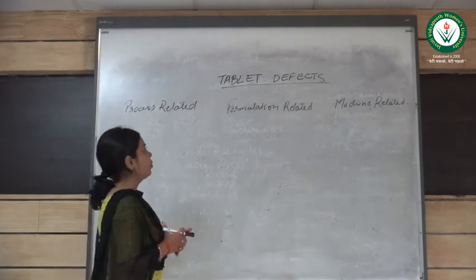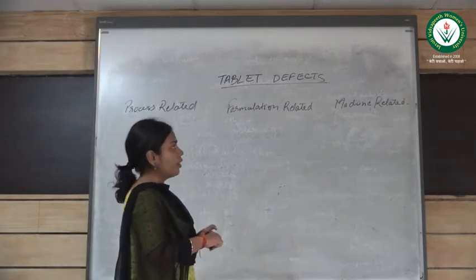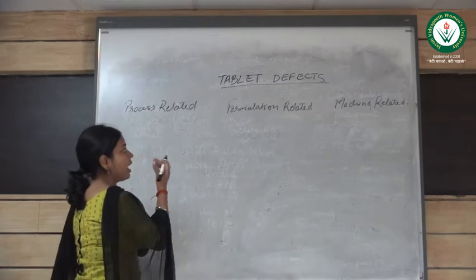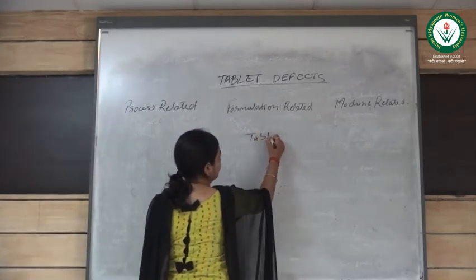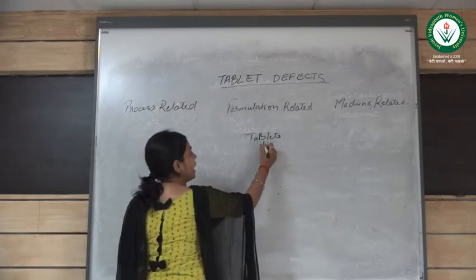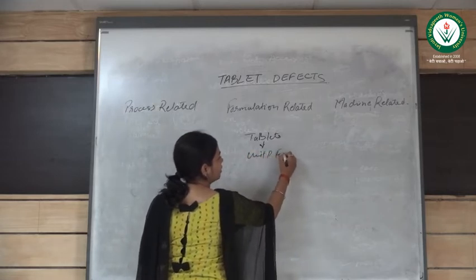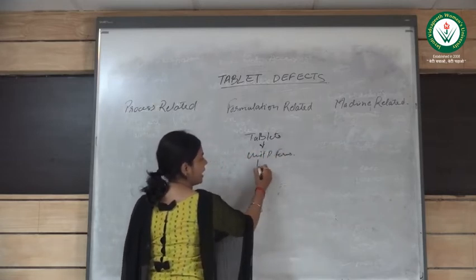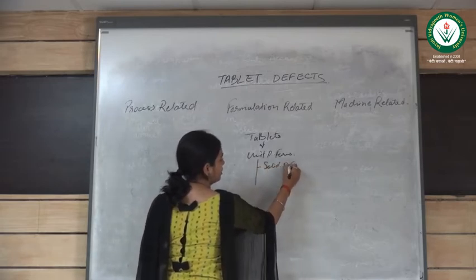So in today's session, we'll discuss tablet defects. Before going towards the detail of the tablet defects, let's talk a bit about tablets. As you must be aware, tablets are considered to be a unit dosage form, categorized under solid dosage form.